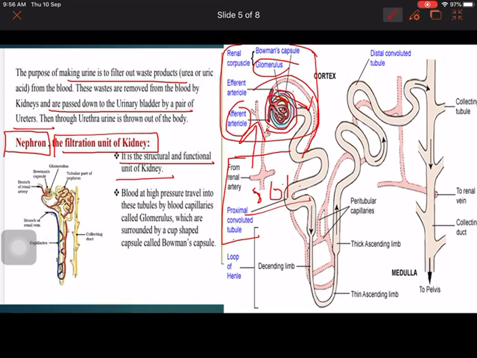That means after filtration, the essential nutrients are reabsorbed and sent to the efferent arteriole. So 80% reabsorption takes place in the proximal convoluted tubule. Then the remaining part is reabsorbed through the loop of Henle, and in the DCT part the maximum reabsorption of water is done. This is how each nephron works.